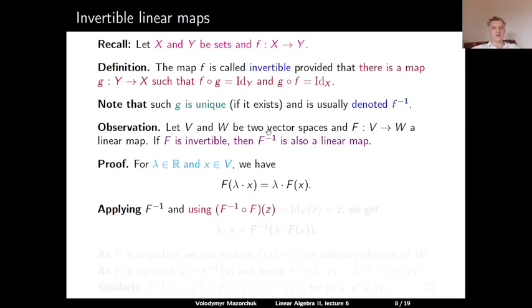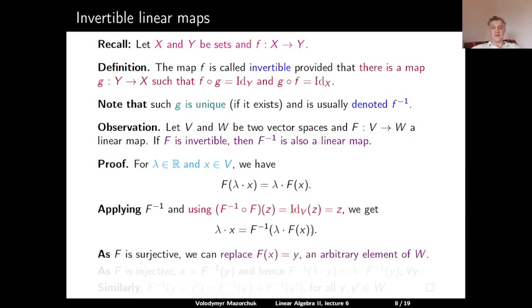But because of the definition of the inverse map, if we take F inverse composed with F and apply it to any vector z, we will get the identity map applied to z, and this is z. So on the left-hand side, we will get just lambda times x. And on the right-hand side, we will get F inverse applied to lambda times F of x.